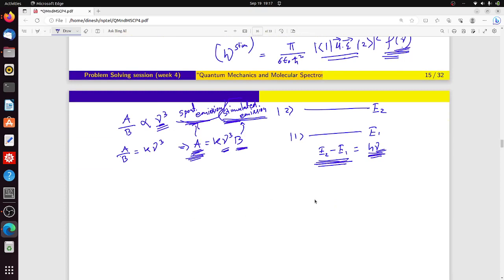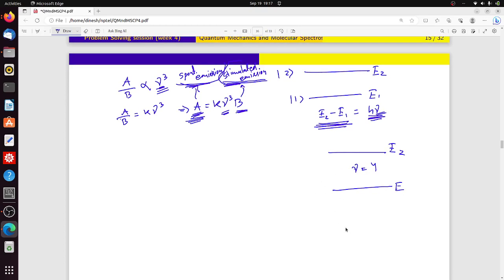Because it's very common sense. Let's say this separation is some nu with some factor, let's say 4, okay, and there is another system, E1 E2, where this nu is a factor of 2, right? And the Planck's radiation or the black body radiation in the surrounding has frequency near to 2, okay.